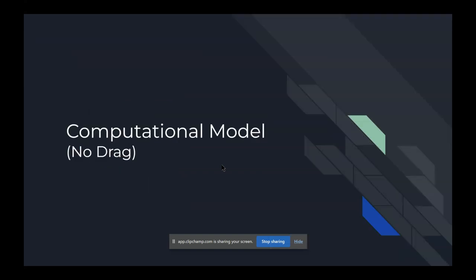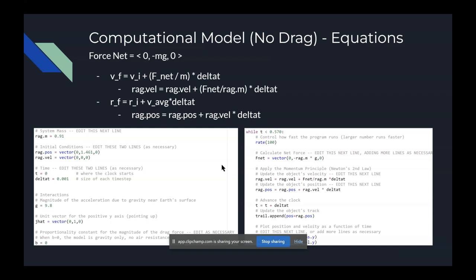So the first computational model that we're going to be observing is this, which uses this standard velocity and position update formula. Here we have the net force divided by the rag's mass times the change in time. And here, that velocity from here times the change in time again. You can see it represented with all of the given values in this equation here.